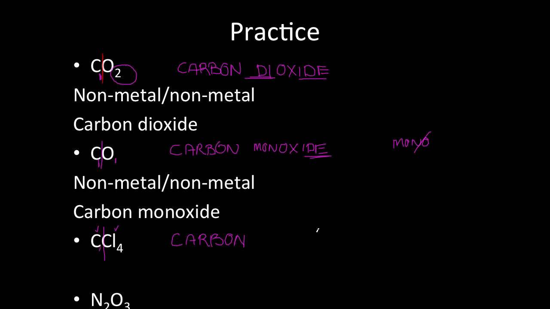Then I'm going to name my second element after its name in the periodic table, which is chlorine. But I'm going to replace the ine ending with an ide ending. And then I'm going to look up what prefix means four, and I discover that it is tetra. So I am going to call this carbon tetrachloride.